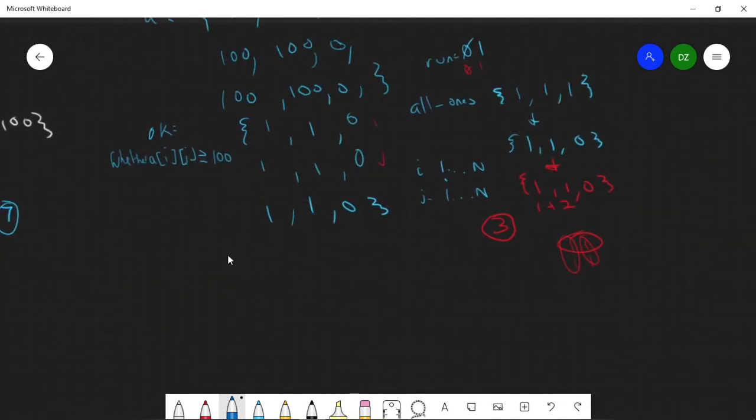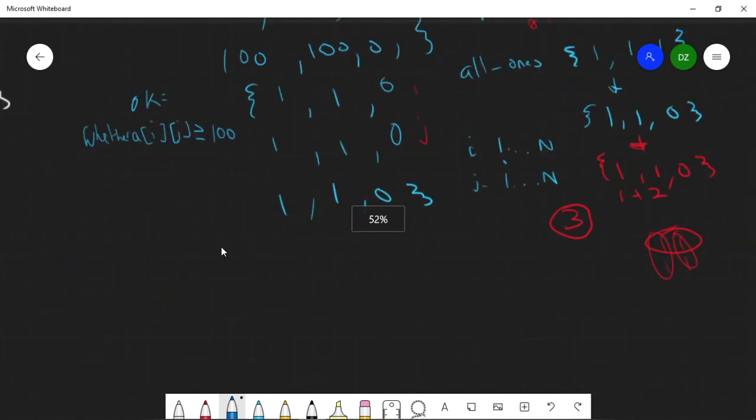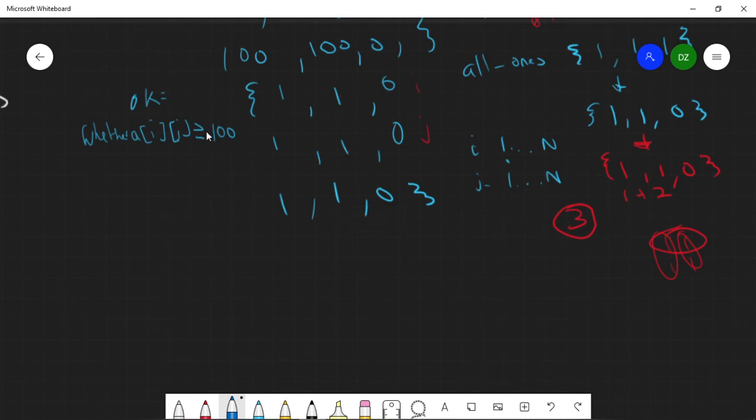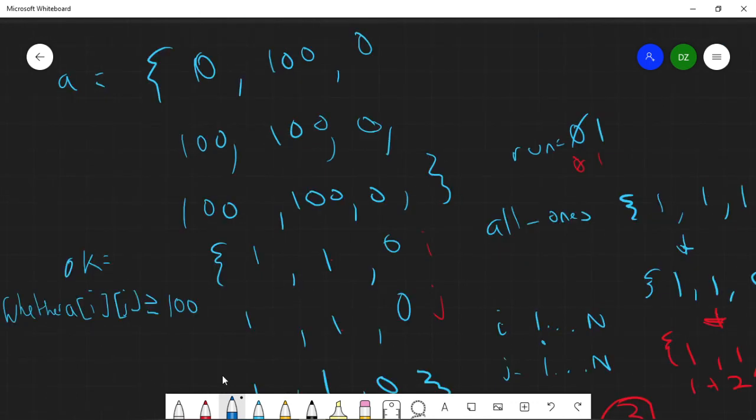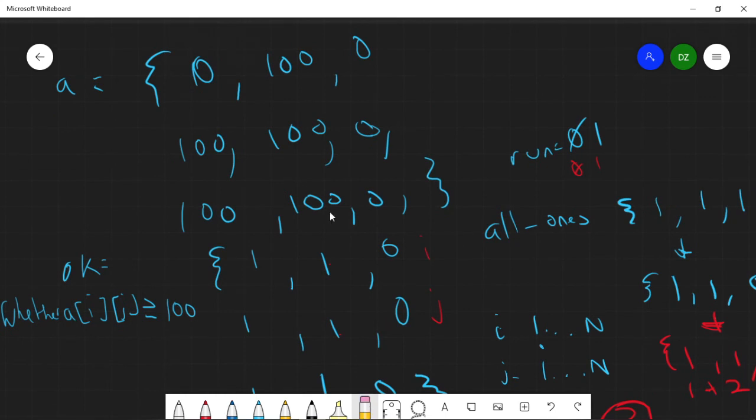Oh, I forgot to add this too. So you'll take this and greater than 100, right? But you'll also notice that if, let's say, we change this guy to 150, it's going to count this as a rectangle. So we'll have to do the same strategy we did here.